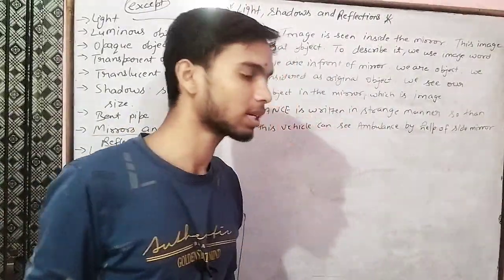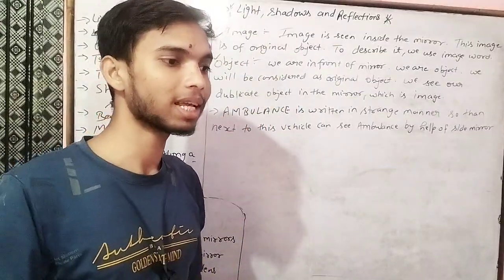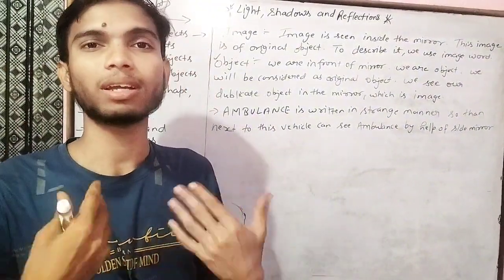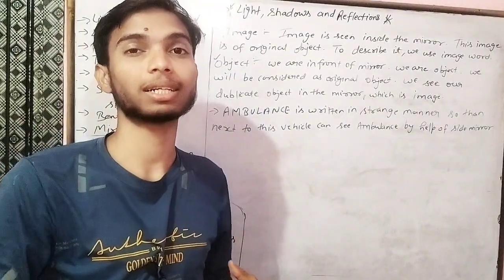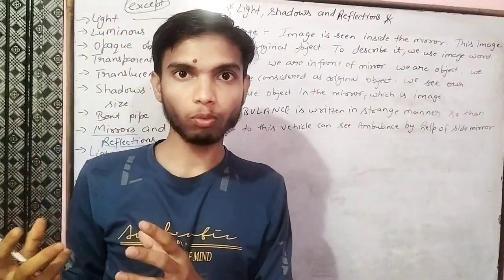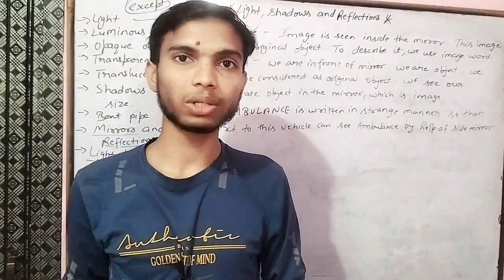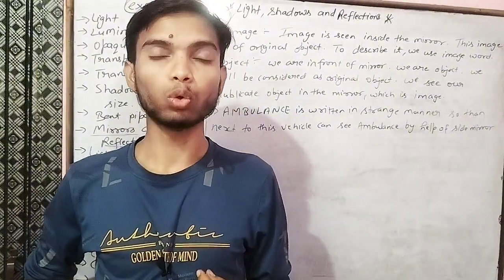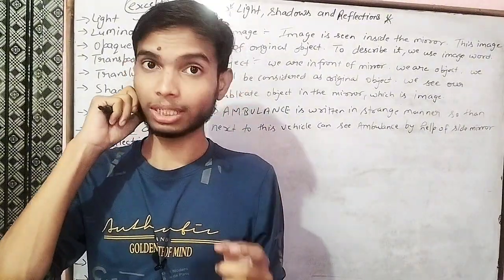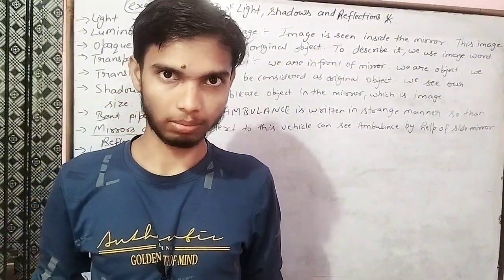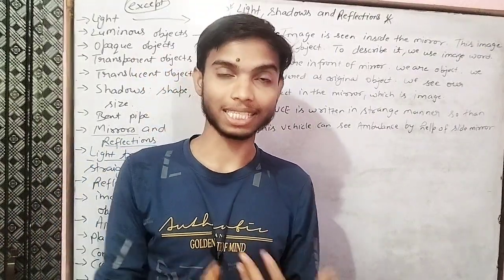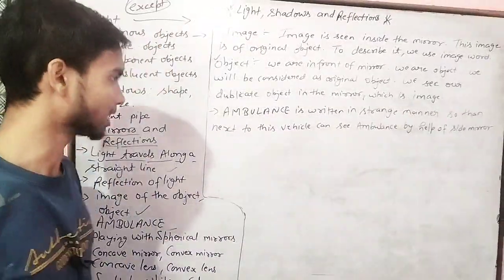So the mirror says what text will be in a strange manner. If you want to see the text in the correct way, then you have to write it in a strange manner, and then you will see it correctly inside the mirror. Clear?